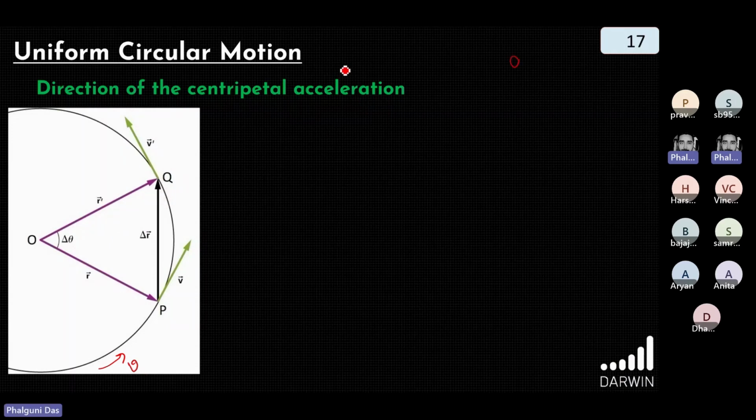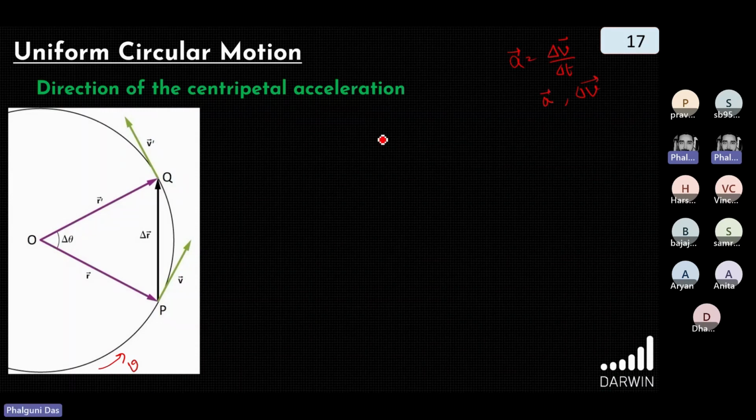So what is the average acceleration? Average acceleration is given as the change in velocity per time, right? And in the study of motion in a plane, we have seen the average acceleration has the same direction as the change in velocity. I mean the direction along which the velocity changes, the same direction the acceleration points. Yes or no? We have taken examples. Those who have attended the class will know.